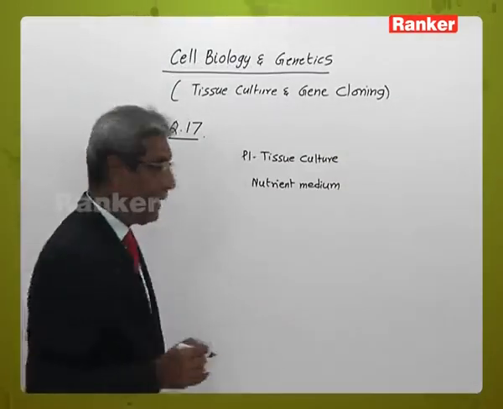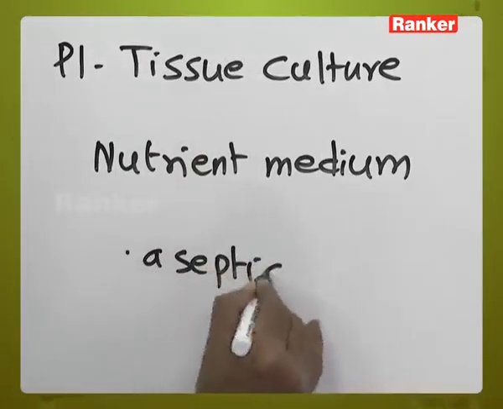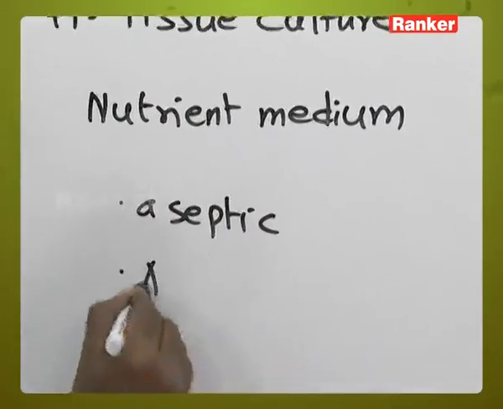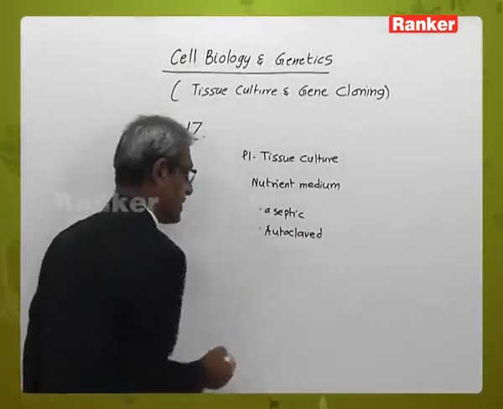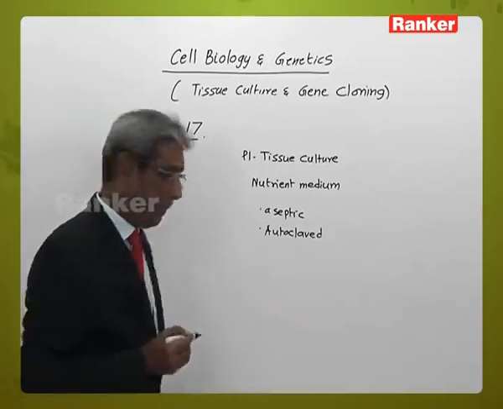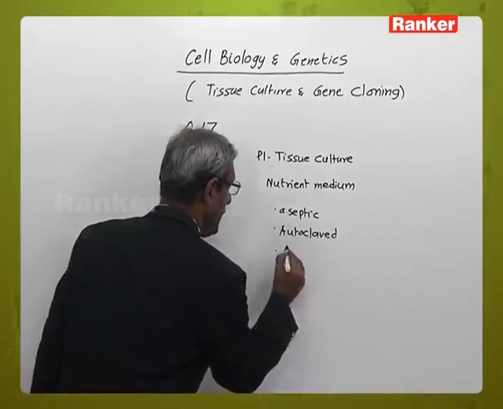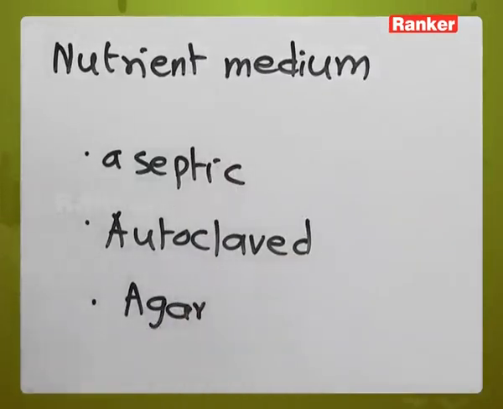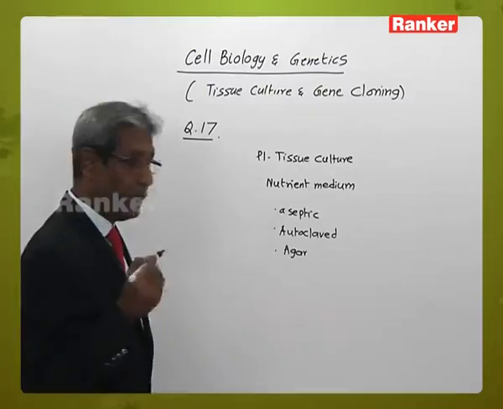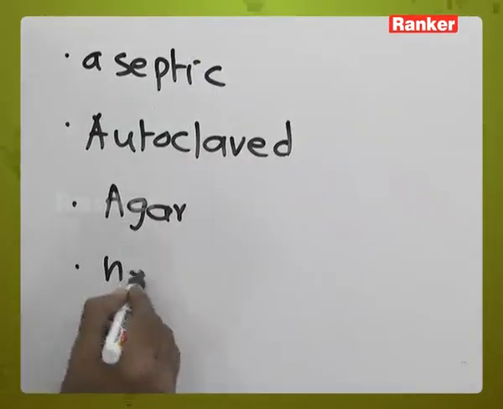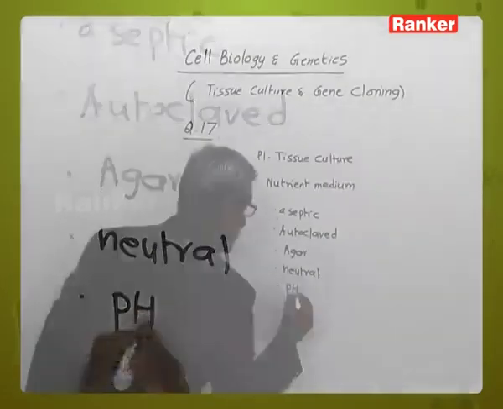The nutrient medium needs to be aseptic and it should be autoclaved, that is, subjected to very high temperatures so that it becomes very sterile. A typical medium should have primarily agar so that it does not melt and it solidifies. In addition to this, the nutrient medium will be neutral and it will have a constant pH.